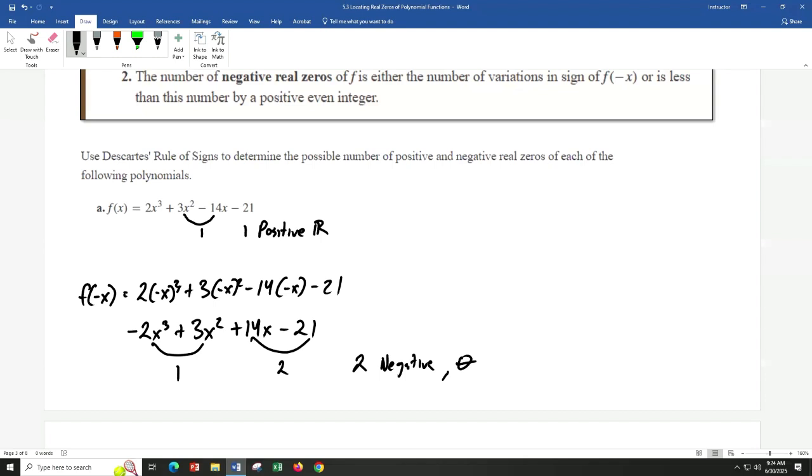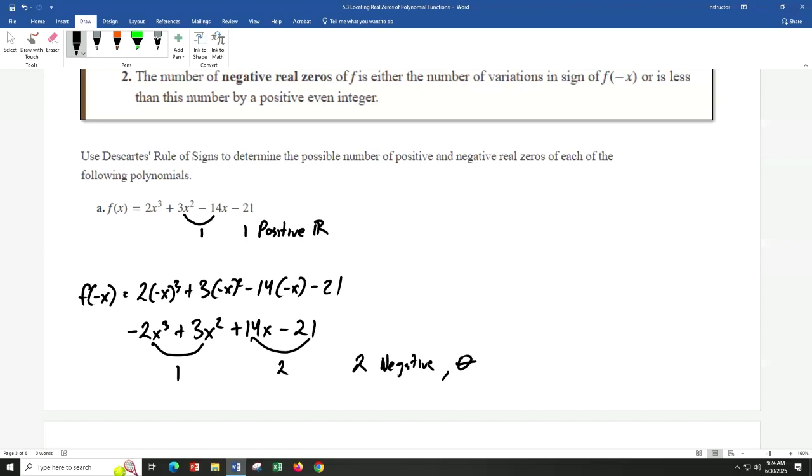Same thing with the positive. Okay, if there was like a 2 up there at the positive, I could have at most 2, or I could have 0. But let me say if you did the math right. My maximum number of negatives is how many? 2. I'm also guaranteed how many positive? What's 2 plus 1? 3.